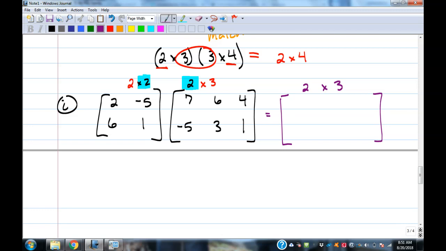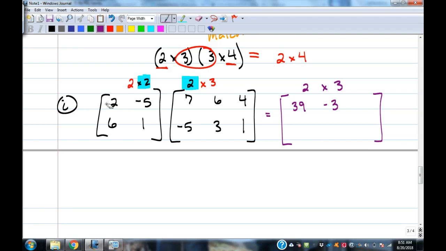So I take 2 times 7, it's 14, plus -5 times -5, which is 25. 14 plus 25 would be 39. And then the next element in the first row is this first row times the second column. 2 times 6, -5 times 3, and then add those up. 12 plus -15 is -3.